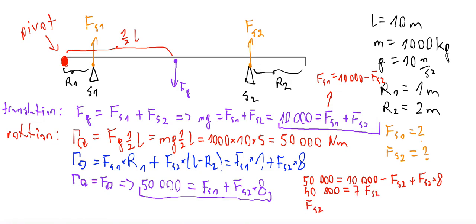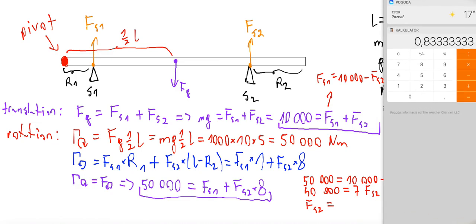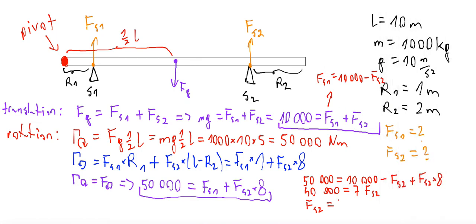Finally, Fs2 is 40,000 divided by 7. My powerful calculator says around 5,700 newtons. So if Fs2 experiences a force of 5,700 newtons, then Fs1 of course experiences a force equal to the difference between 10,000 and 5,700, which is 4,300 newtons.